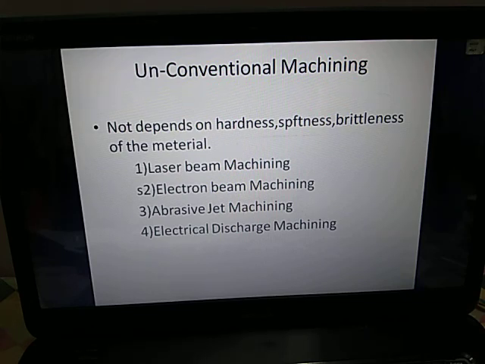It can produce intricate shapes by means of these operations. There are different types of unconventional machining, like laser beam machining, electron beam machining, abrasive jet machining and electrical discharge machining. So these are the basic manufacturing operations.